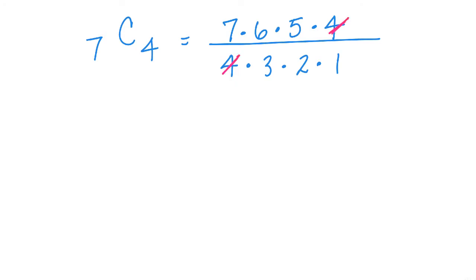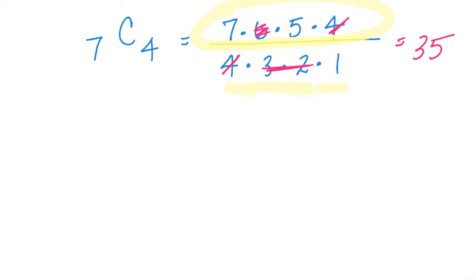These 4's cancel out. These 3, 2 can cancel out to be 6. The answer is 35. If we did it with the formula, we would get the exact same answer. I just like my little tricks better because I don't like to memorize formulas. I like to memorize that permutations and combinations are almost alike, but the permutation would stop here, where with the combination you have to divide.